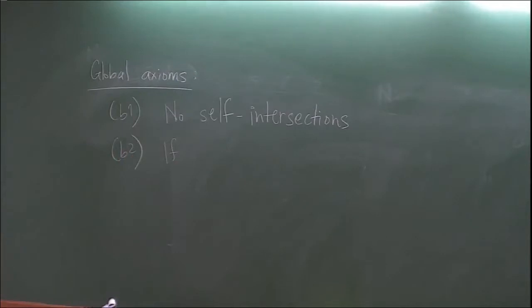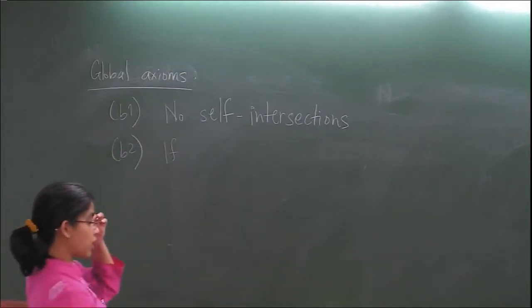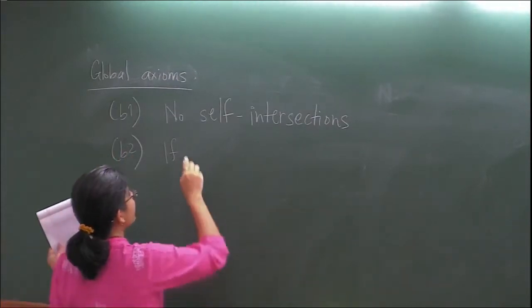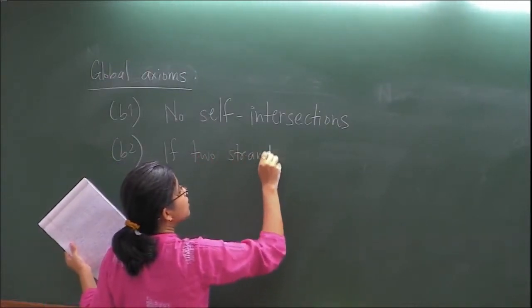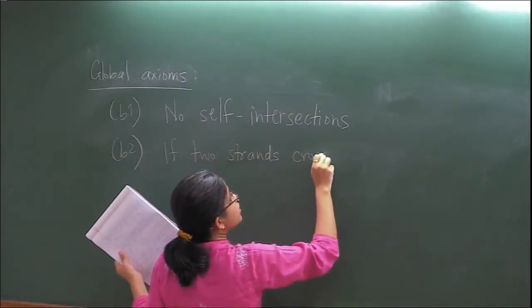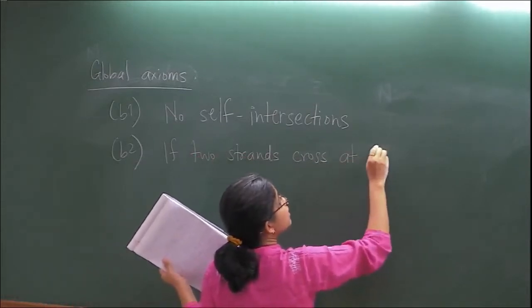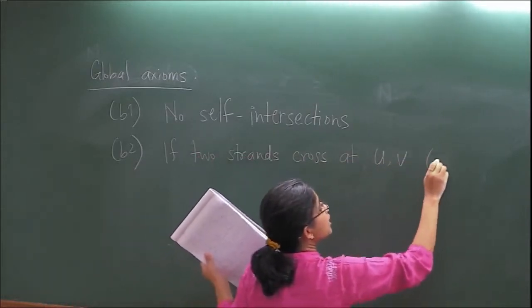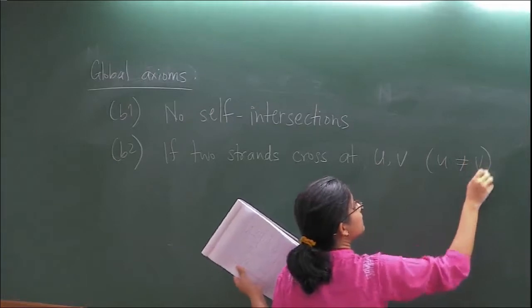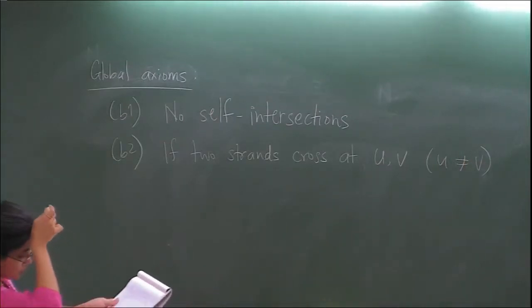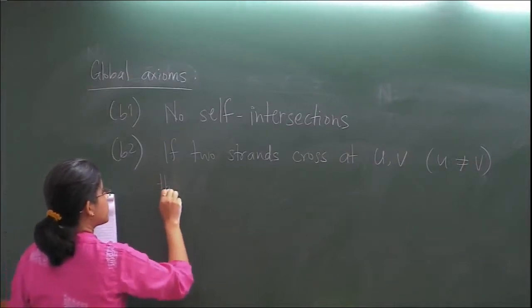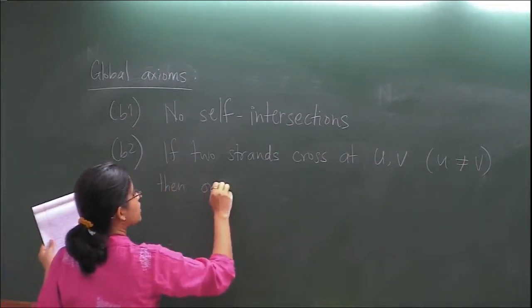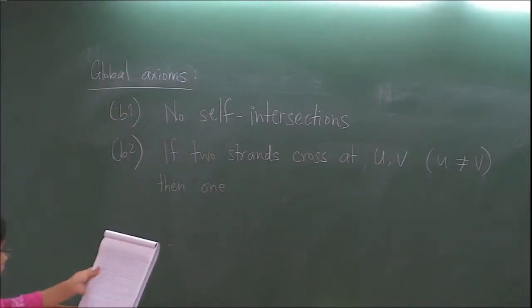And then B2 is if two strands cross at two distinct points, u and v, such that u is not equal to v, then both of them should be directed opposite to each other.